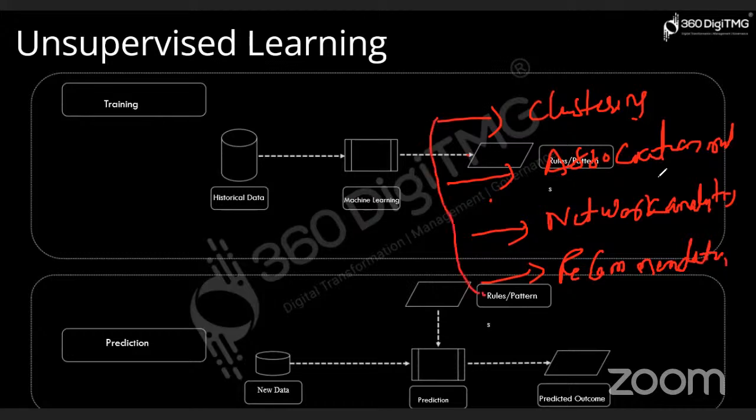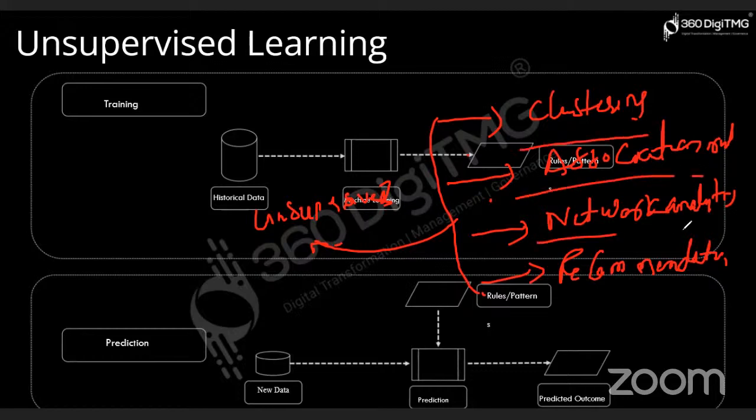These are all the algorithms that come under unsupervised learning. What happens in unsupervised learning? We won't be having any label in our data. Whatever data frame we have been provided, it won't have any label. So these are the different algorithms we'll be using for unsupervised learning.